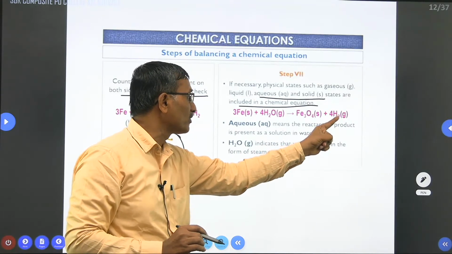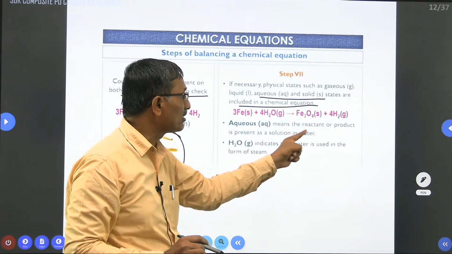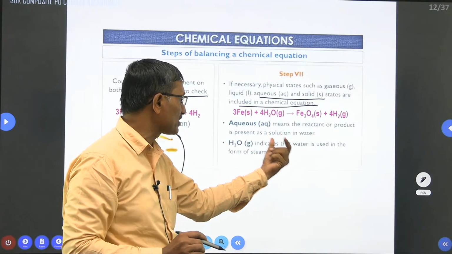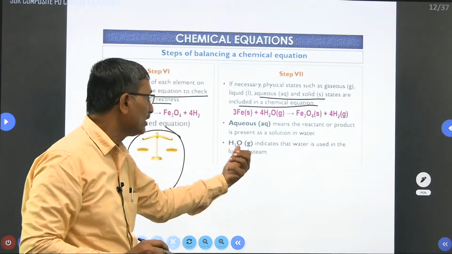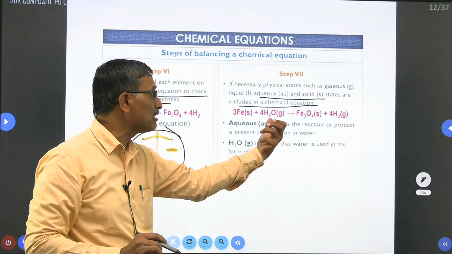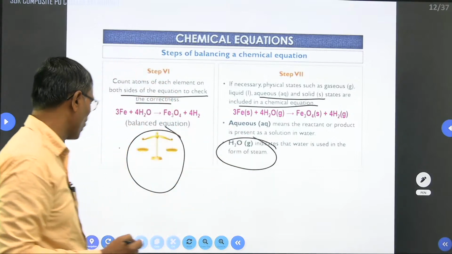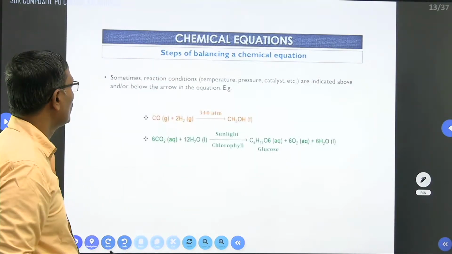So hydrogen gas is liberated. Here you see, aqueous means a reactant or a product present as a solution in water. H2O gas, what does it indicate? Water is used in the form of steam. So these are the things you have to remember.